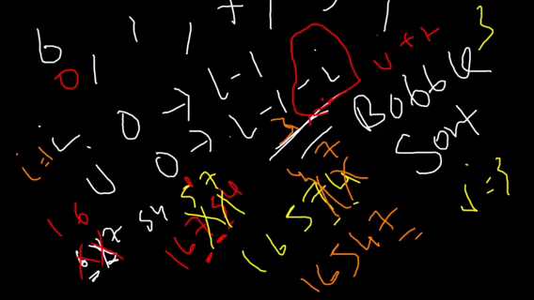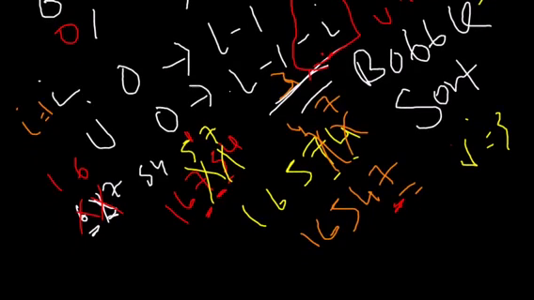Now the genius in this is that the element at index 4 is already the maximum, so you don't need to use it for any comparisons anymore. It's already part of your sorted array.